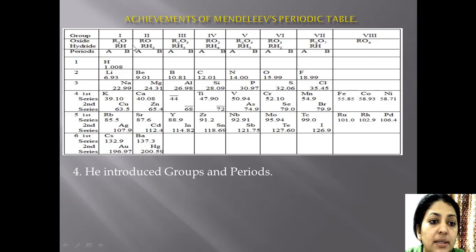See here, 6 periods are there in his periodic table. This is the last period. The vertical columns are called groups and the horizontal rows are called periods. Mendeleev is the scientist who put the basic structure for the modern periodic table. Therefore, Mendeleev is known as the father of the periodic table.